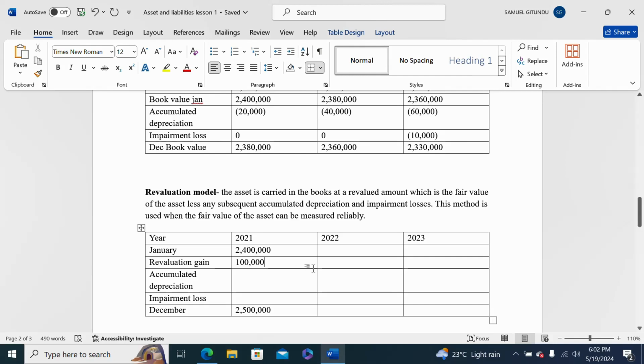Then, if in the next year this asset is not revalued, the book value of the asset at 1st January 2022 is 2.5 million.